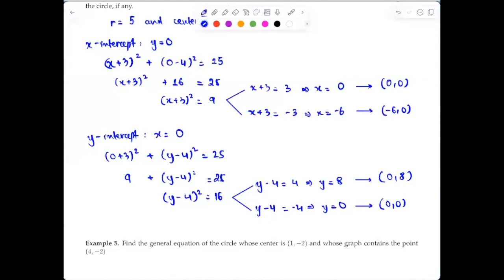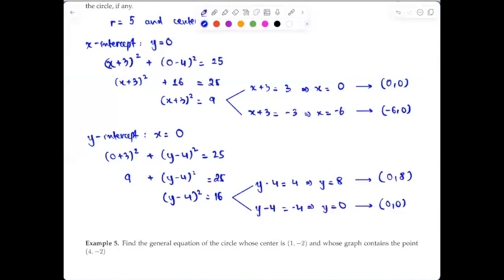All right, so that's the answer for x-intercept and y-intercept. Any questions? Good.